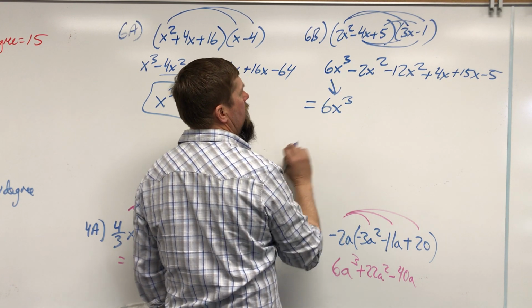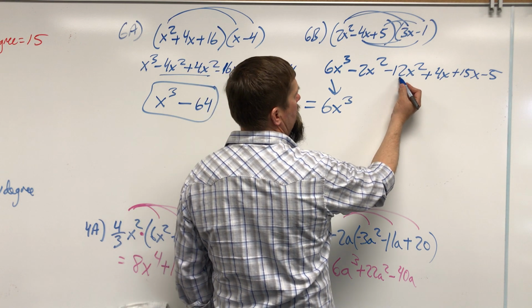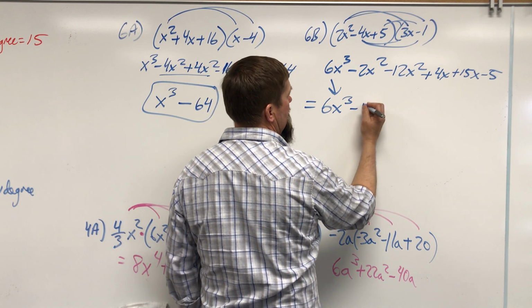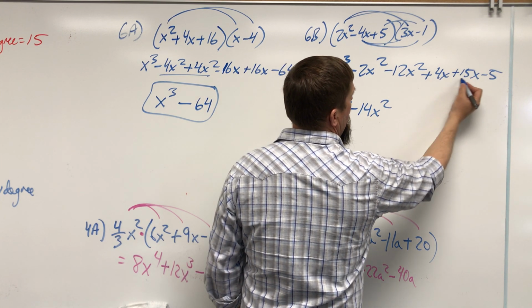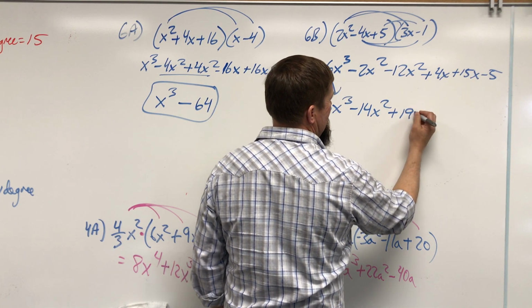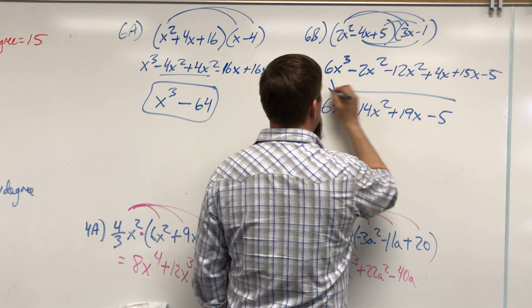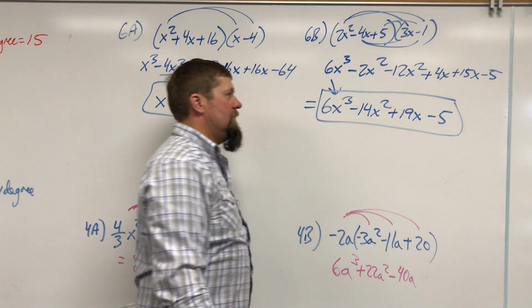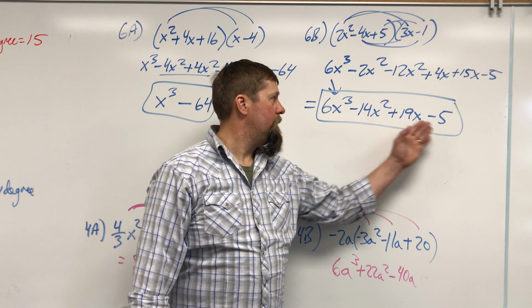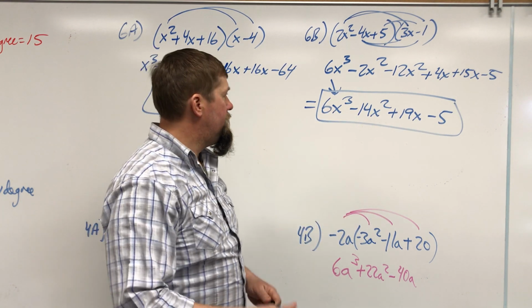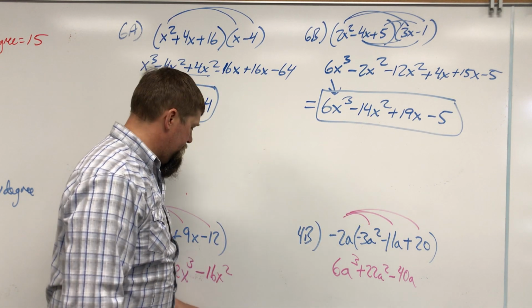That just comes down. Negative 2x squared minus 12x squared is minus 14x squared. 4x plus 15x is plus 19x, and then minus 5. So my answer is in simplified form, it's in standard form, and there's no like terms.